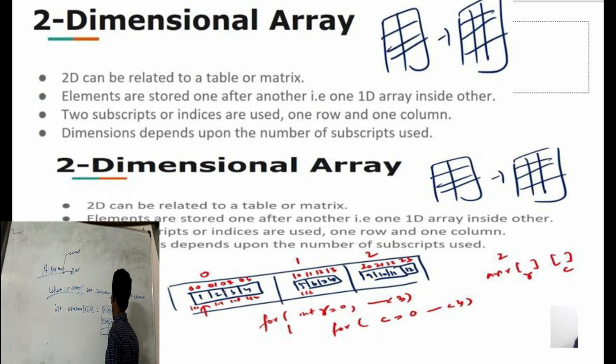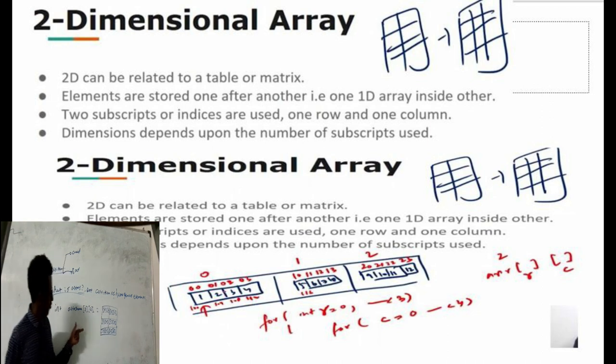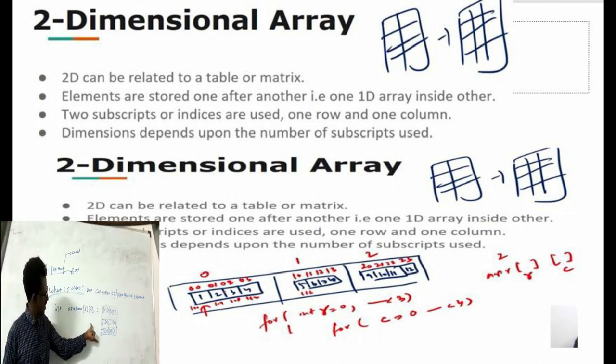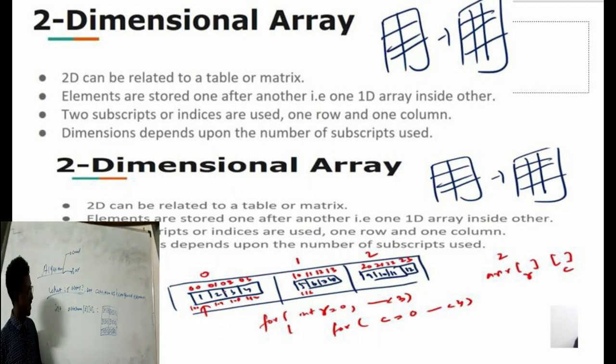Then the row stays 1 and the column is incremented to 1. Then the row is incremented to 2 and the column is set back to 0, and then the row stays the same and the column is incremented to 1. This is what the multidimensional array implementation and declaration looks like.